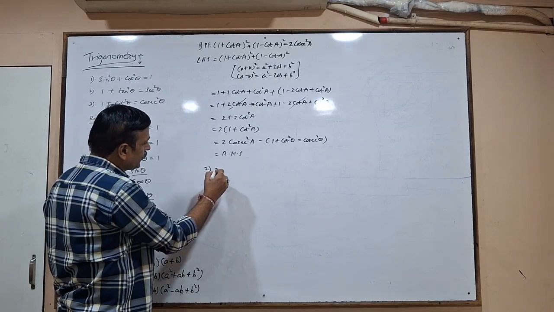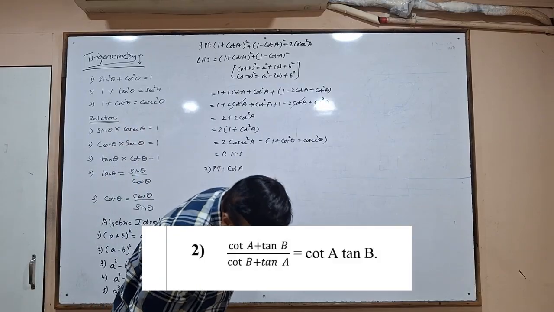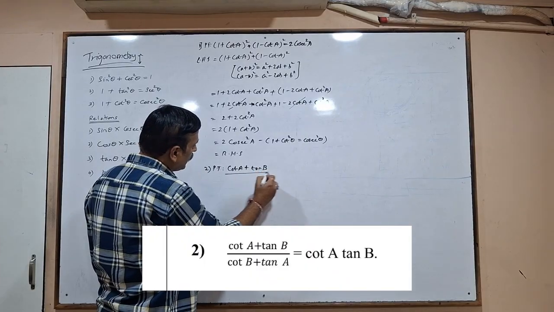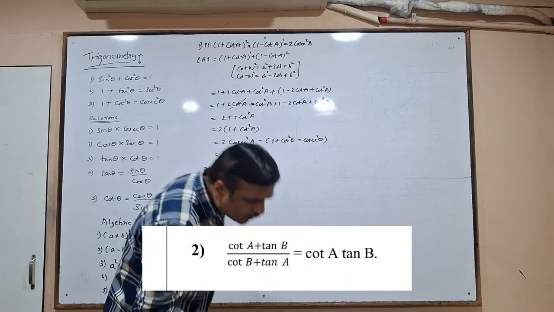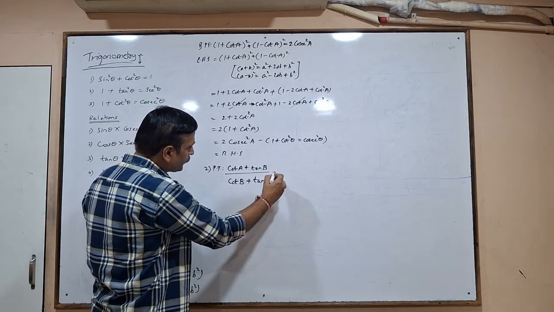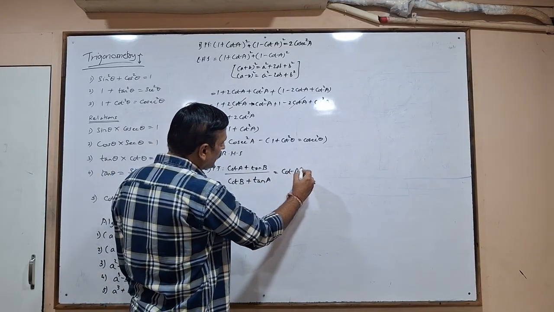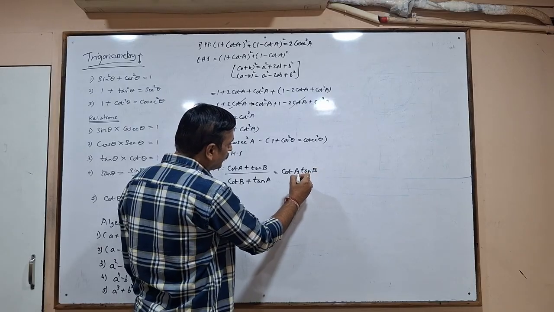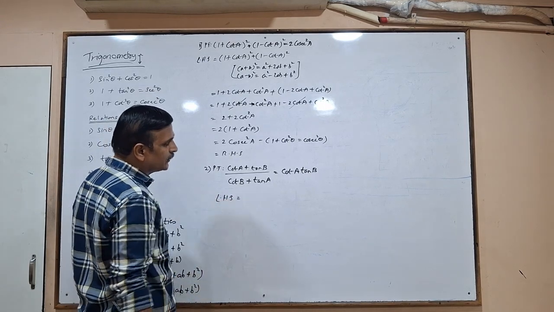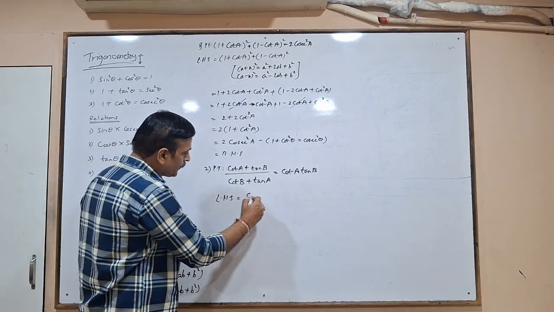Second question, prove that cot A plus tan B upon cot B plus tan A is equal to cot A into tan B. Again, on the right hand side there is a single term, so I will go for left hand side solving.